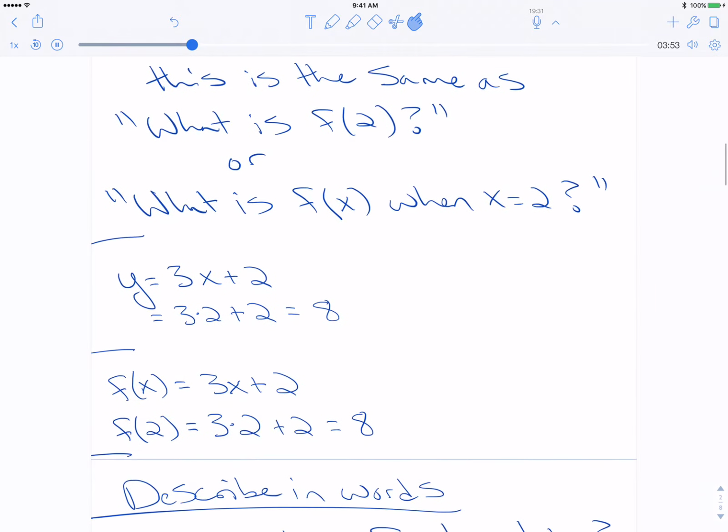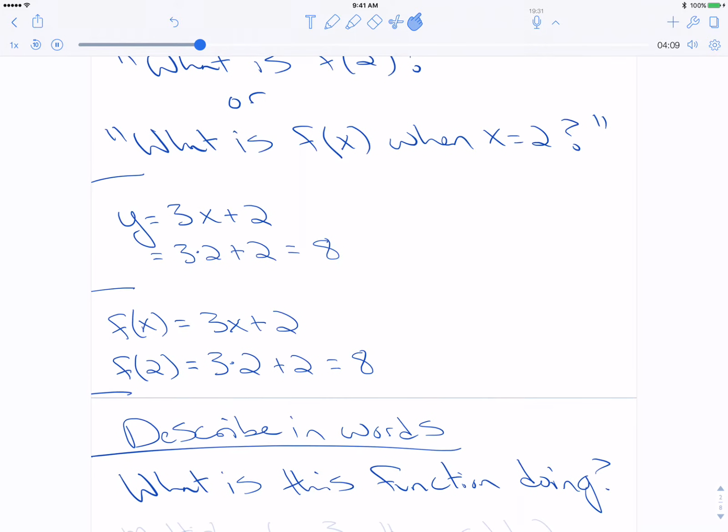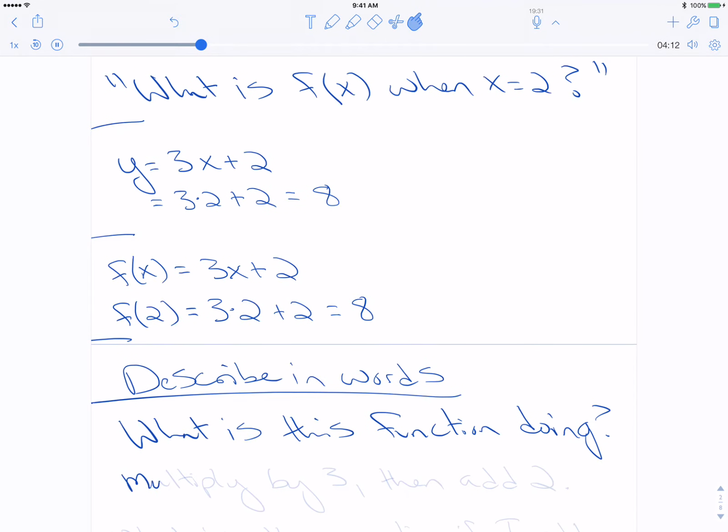Recall at the end of 1.4, we described these equations in 4 ways. In this case, what is the function doing? If we describe it in words, it is going to multiply by 3 and then add 2. That is a statement of what this equation is doing to x.